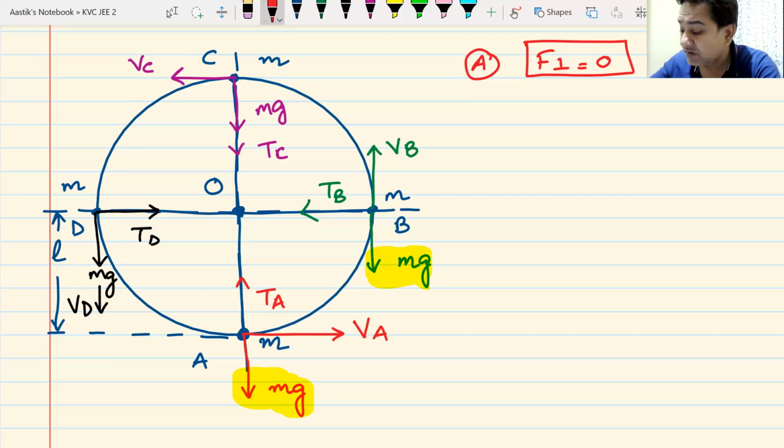Then what is the first equation that we write? I will use blue color. For point A, what is the first equation that we write? The first equation is along the tangential direction. Do you see any force in the tangential direction?